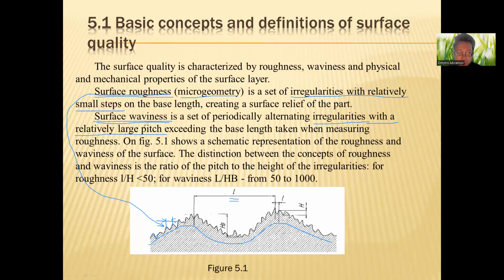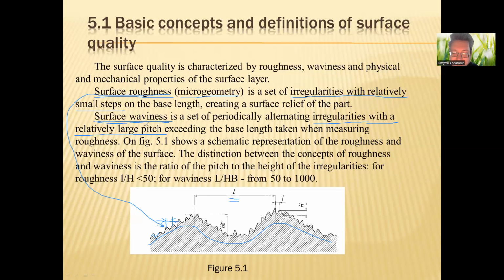One more time, surface waviness is a set of periodically alternating irregularities with a relatively large steps or pitch, exceeding the base length taken when measuring roughness.